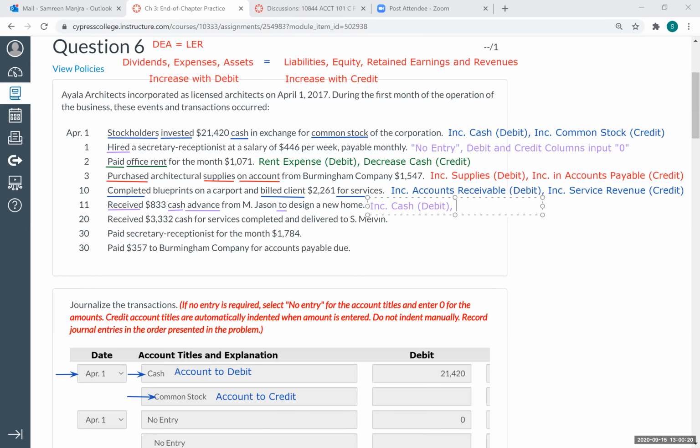The liability is to design the home, and if for some reason I'm unable to do that, then I need to provide a refund. So the account I'm going to be using is called Unearned Service Revenue, which means that I have not yet earned that revenue because I have not yet provided the service. So it is a liability account with a credit balance.